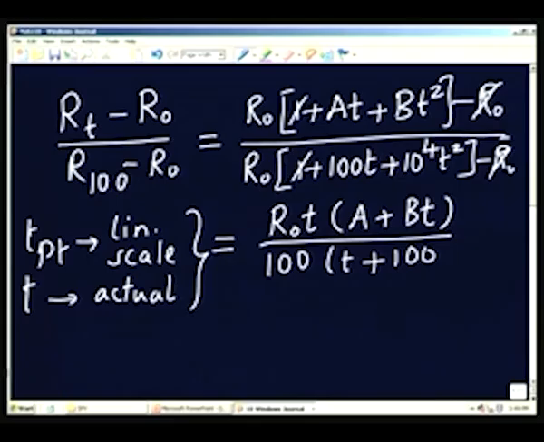I think I left out something here. A plus 10 to the power of 4 B, so I take 100 outside, this becomes A plus 100 B.